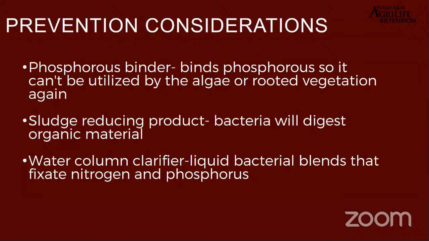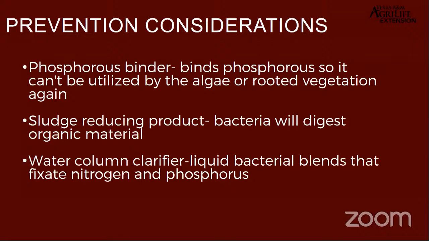The second one you see is a sludge reducing product containing natural bacteria. The bacteria will actually digest the organic material in the ponds, which can be a source of nutrients for filamentous algae. And an example of this is NT Max. The third one you see is a water column clarifier. This can be applied at the same time or immediately after a copper treatment.